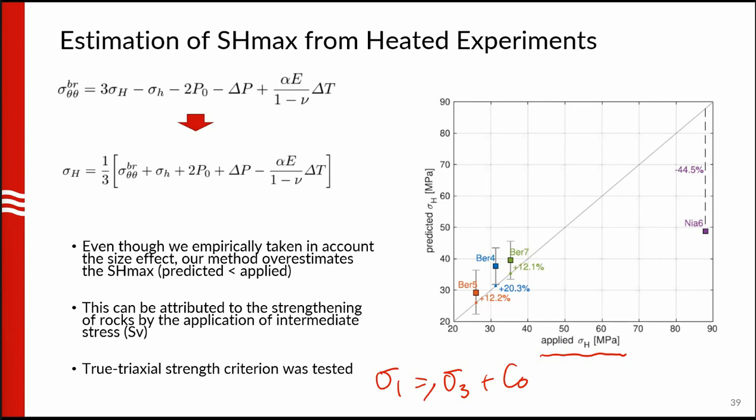Let's just say it's a constant K or something. But we know from rock mechanics testing that the intermediate stress, sigma 2, also has an influence on rock strength. In the borehole setting, the sigma 2 is the vertical stress. That's the stress that is applied parallel to the borehole axis. And that is certainly non-zero. And we think that is what's contributing to the increase in the apparent strength of these rocks.